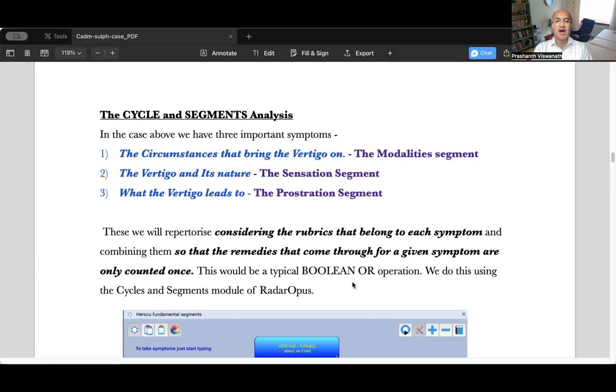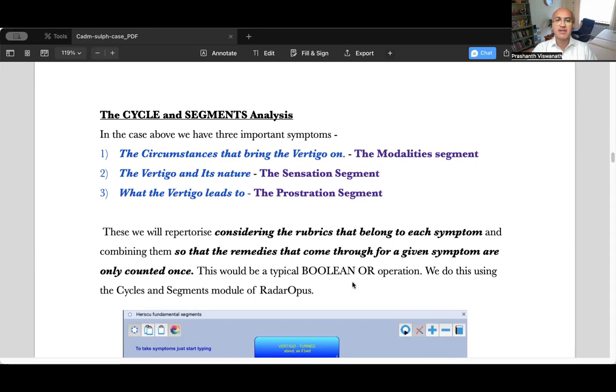Now, in each segment, you can put related symptoms which express the same idea. As an example, let us assume that there is a particular person who is better by discharges. The discharges is one central idea in the case. Discharges make the person feel better.